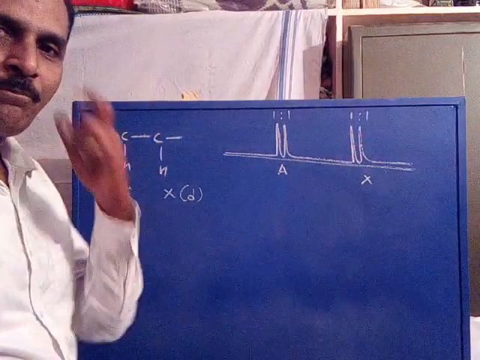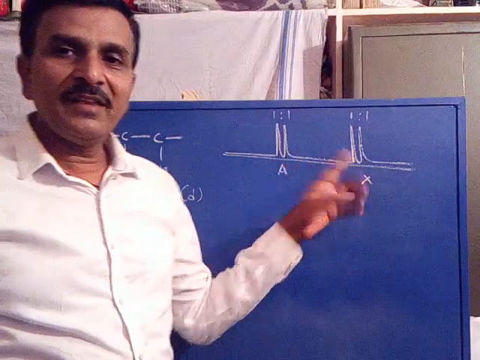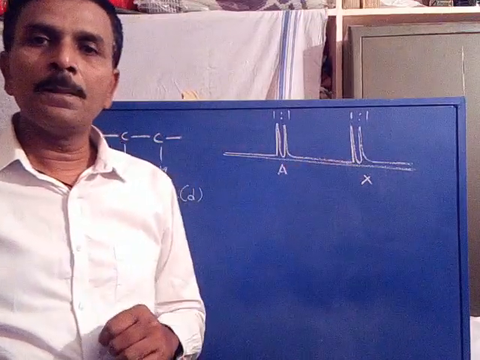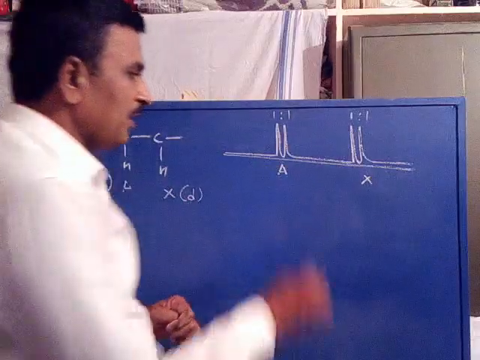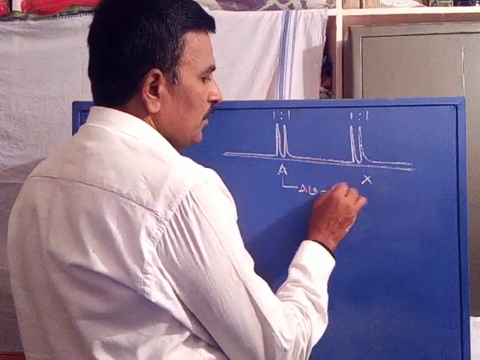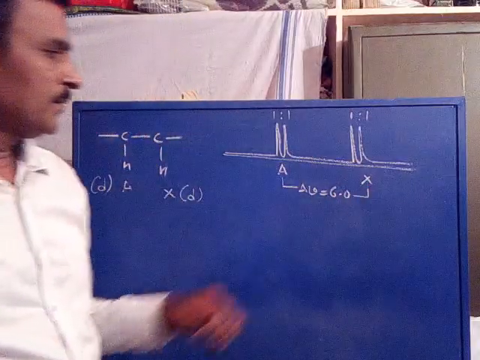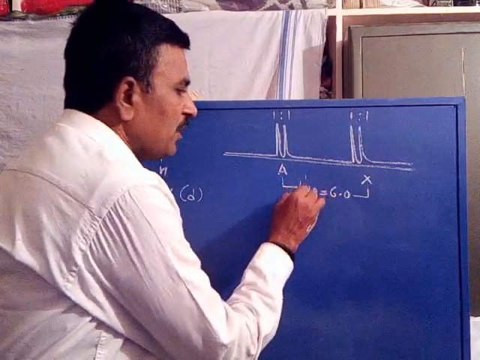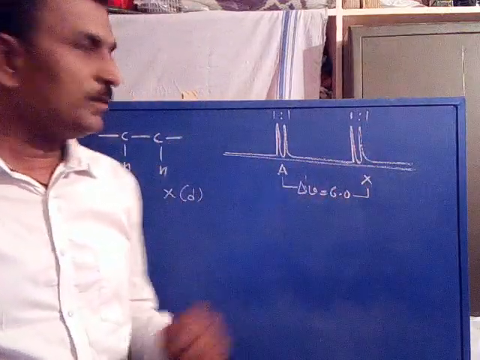Is it clear? Now you see the two doublet signals are clearly visible and the frequency difference is large, say for example delta nu is equal to 6.0 Hz. Delta nu is the frequency difference between the two signals.